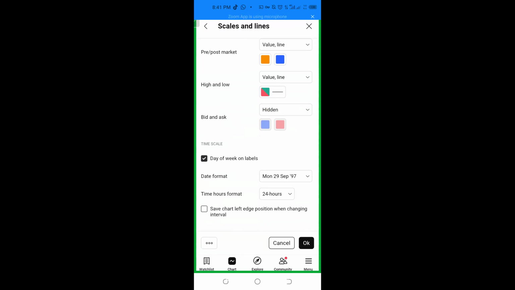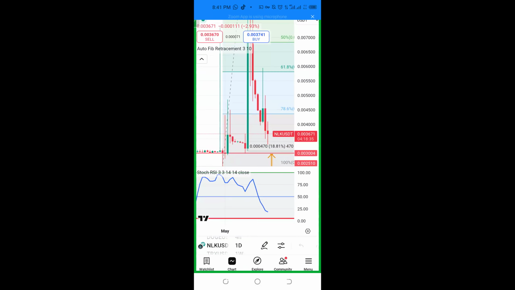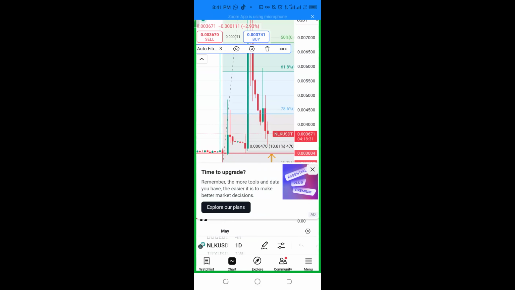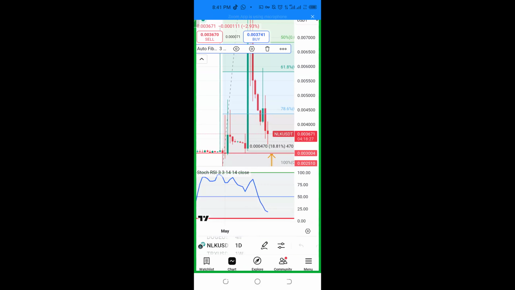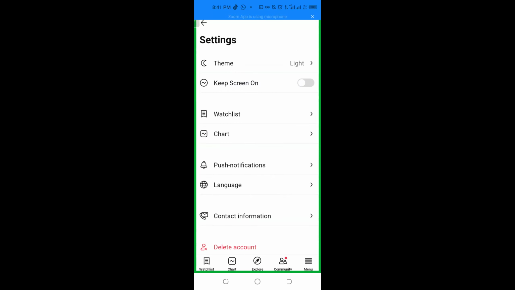Date format, 4 hours. Okay, I'm coming. Or someone that has done it before can help me. These things always change. Menu. It's not here.